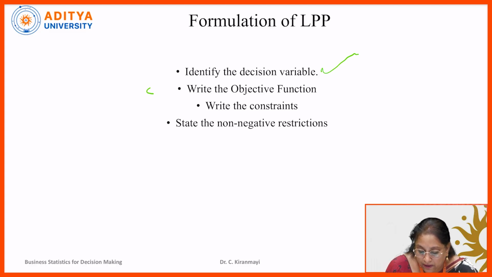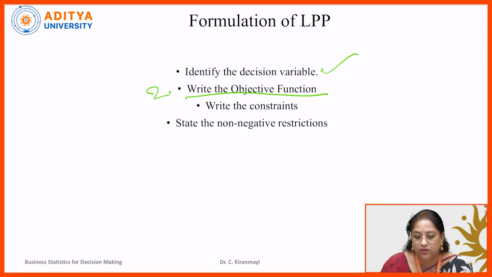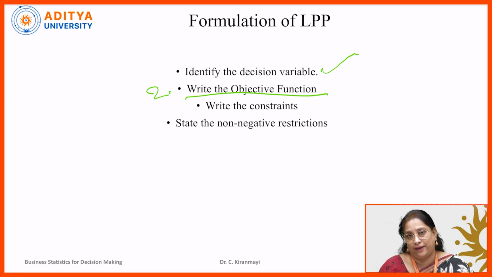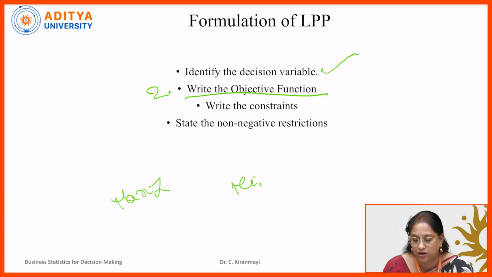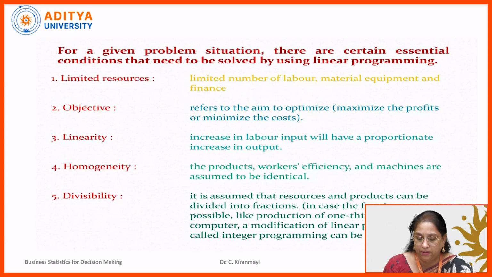The second step is to write the objective function. Observe whether it is a case of maximizing profit or minimizing cost. If the problem is about profits, use the objective function as maximum z. If it is a case of cost, use minimum z.